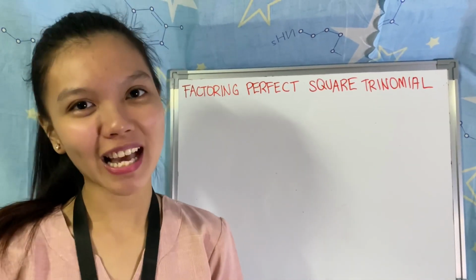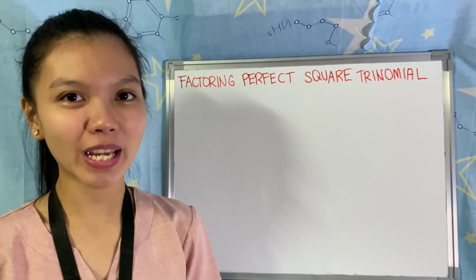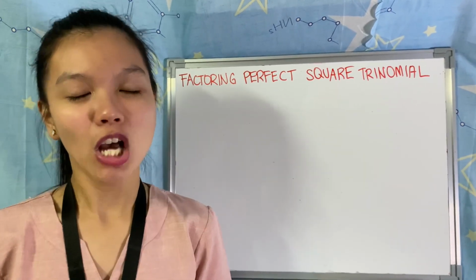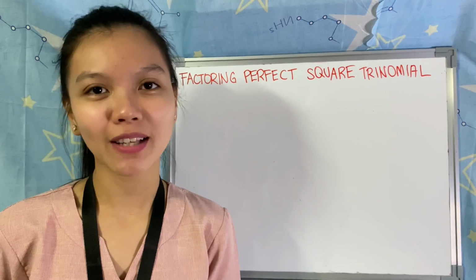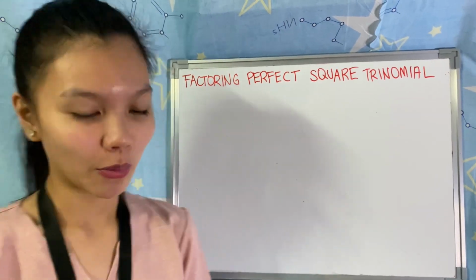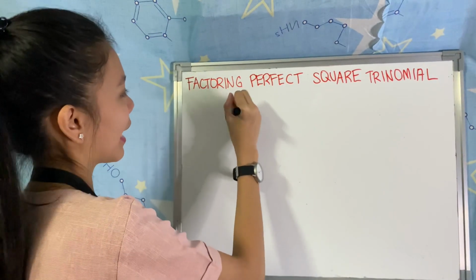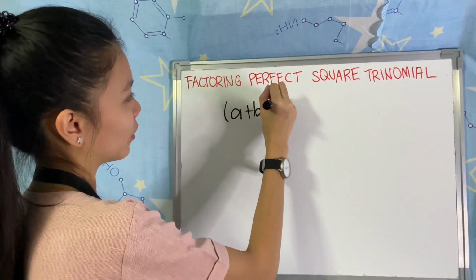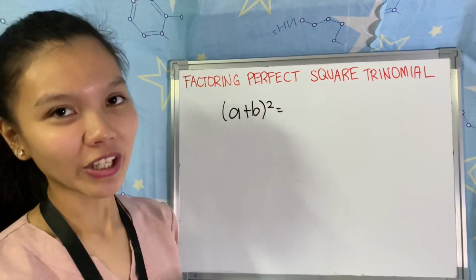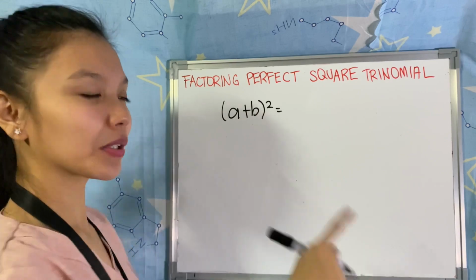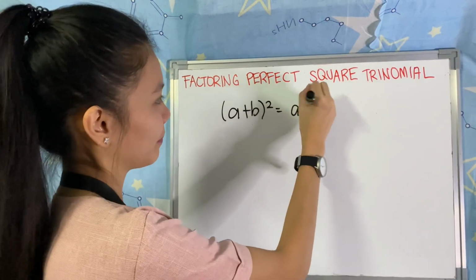So, for today's lesson, we are going to discuss factoring perfect square trinomial. Ito yung magiging reverse ng ating square of a binomial. We have this form, a plus b raised to 2. In order to get its product, we are just going to get the square of the first term.